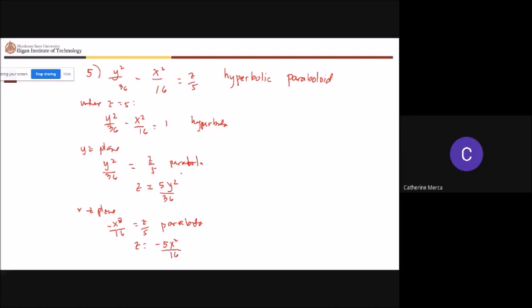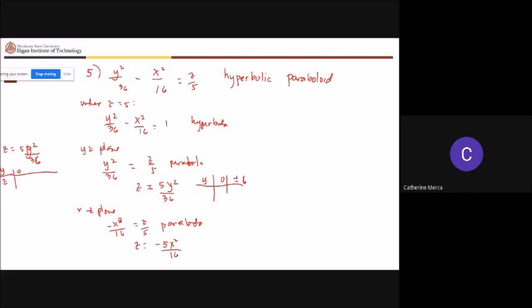So let us get the points for y equal to 0 and plus or minus 6. Let me write it here. We have z equals 5y squared over 36. We have y and then z.